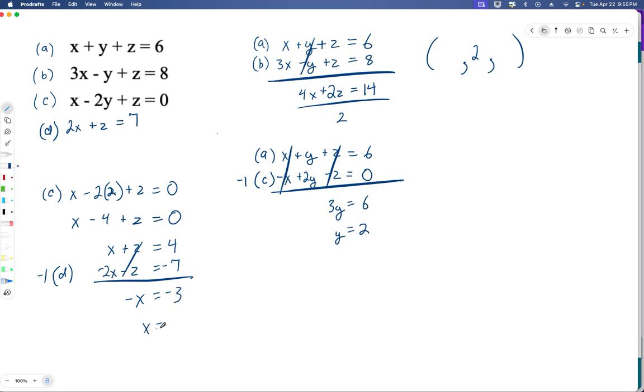So x is equal to a positive 3. So now I have my x term. Now I can go back to D just like it is, and I can substitute in the value of x. So 2 times 3 plus z is equal to 7. 6 plus z is equal to 7. Z is equal to 1.